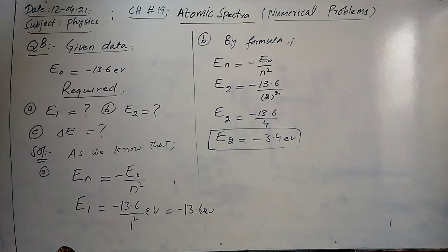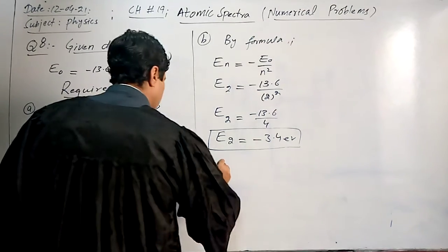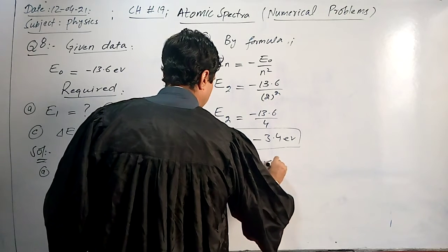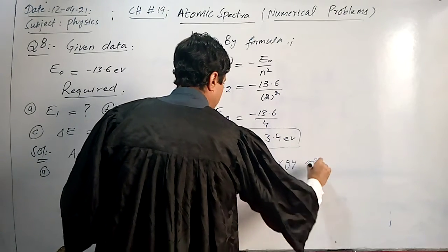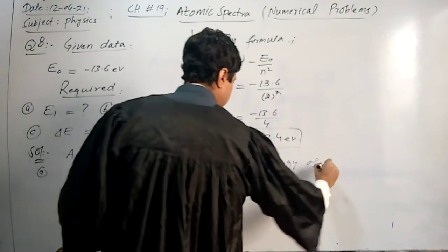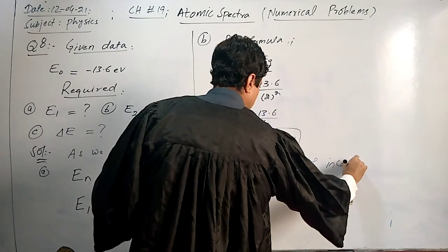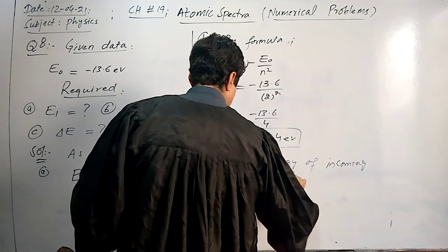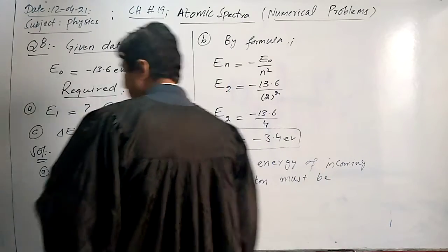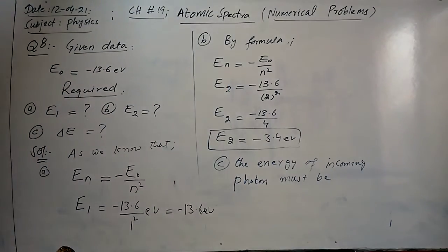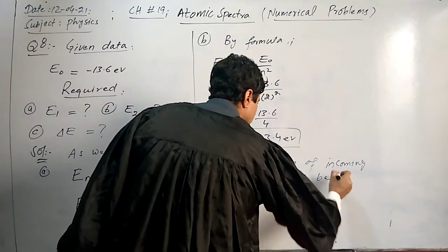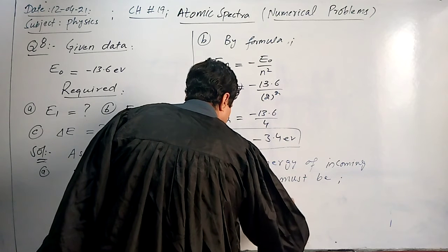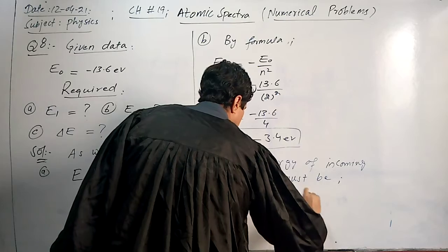So the energy of the incoming photon must be equal to delta E, equal to E2 minus E1.